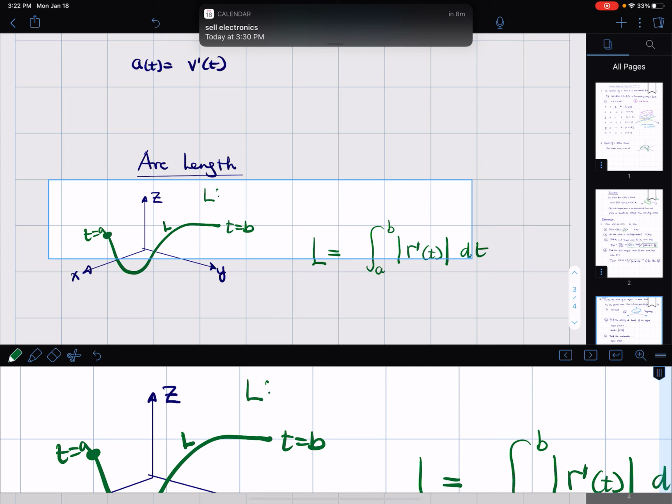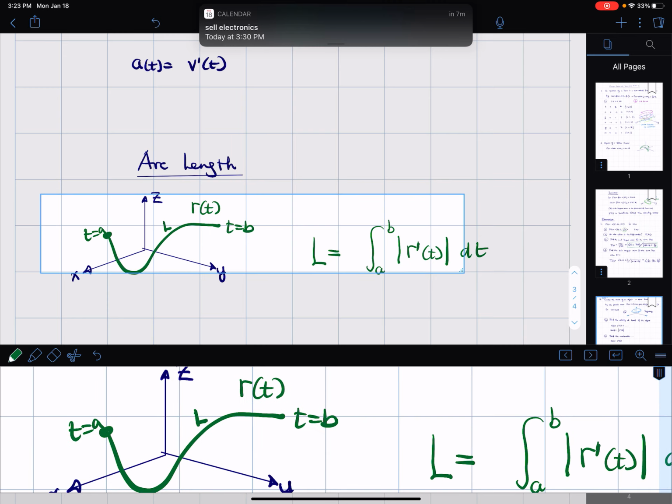The length is r of t, this whole thing is just described as r of t. Just leave it like that. It's a vector valued function. So you can think of r of t as the parameter.